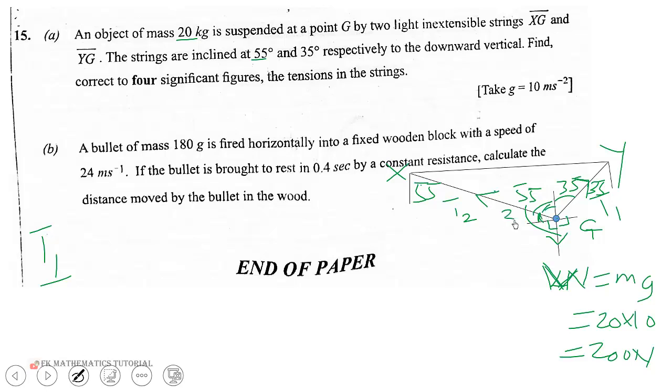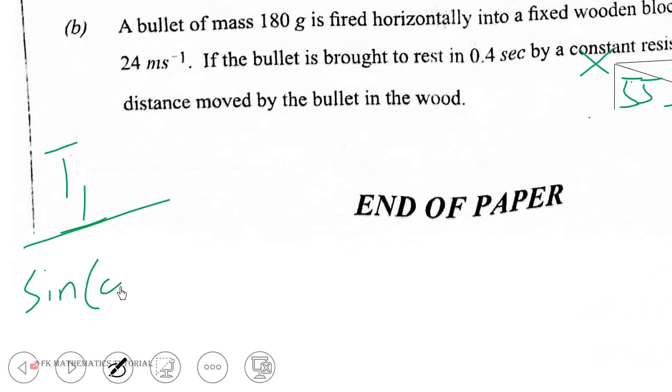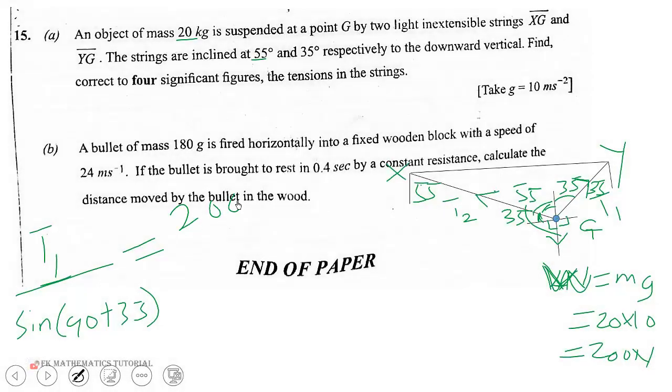So T1 over sine of 90 plus 35 should be equal to the weight, 200 newtons, over the sine of this angle here, which is sine 90.